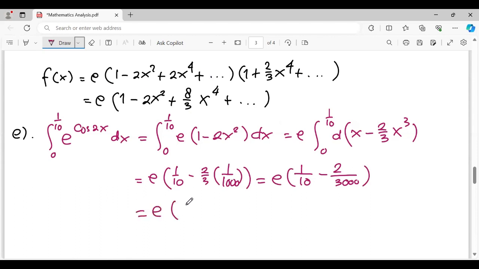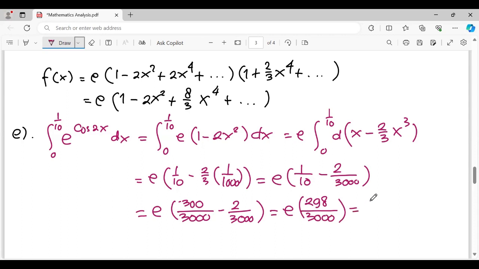Since the denominator becomes 3000 here, it means times 300 over 3000 minus 2 over 3000, so e times 298 over 3000, and divided by 2, 149 over 1500 e. Yeah, that's the solution.